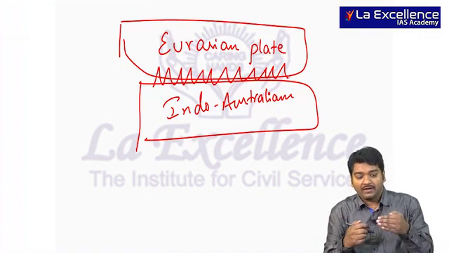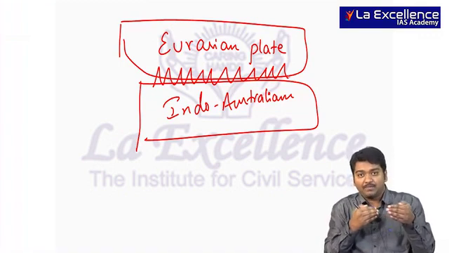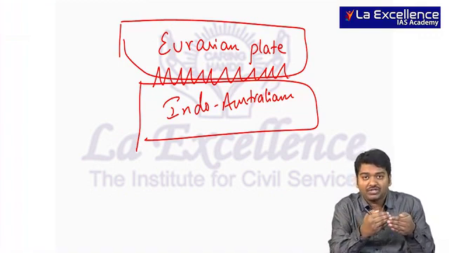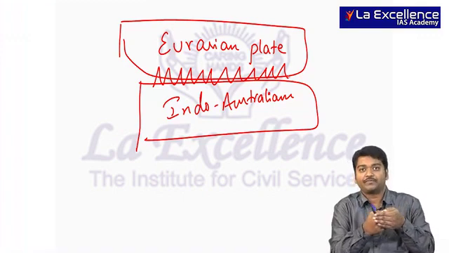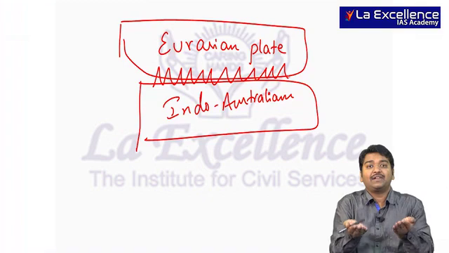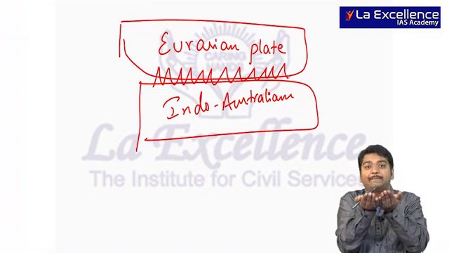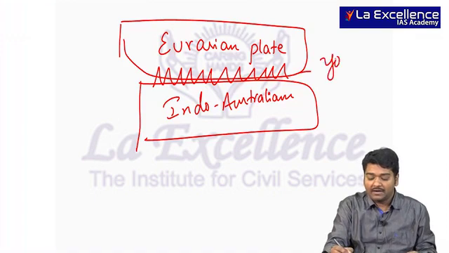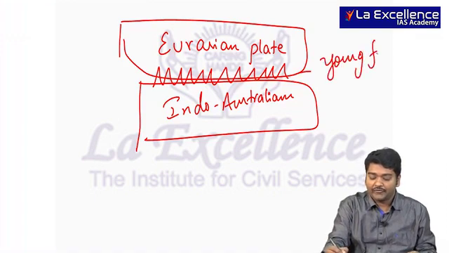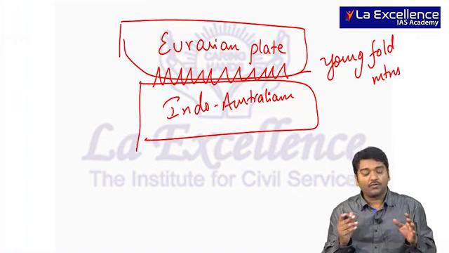It is believed that the Indo-Australian plate moves towards the Eurasian plate every year, some centimeters. They keep moving. Because of this, the Himalayan mountains are still rising a bit. And we call them young fold mountains.